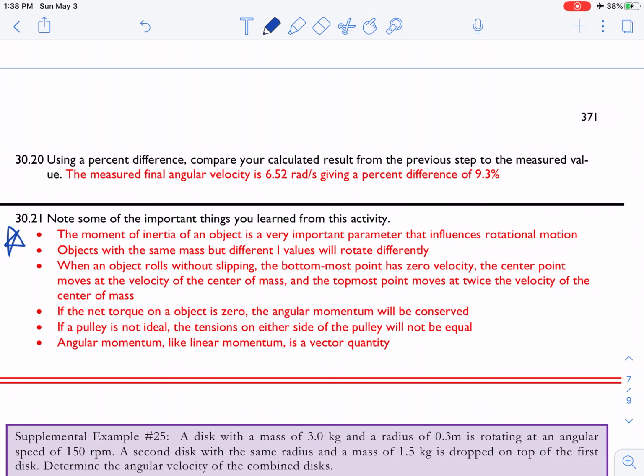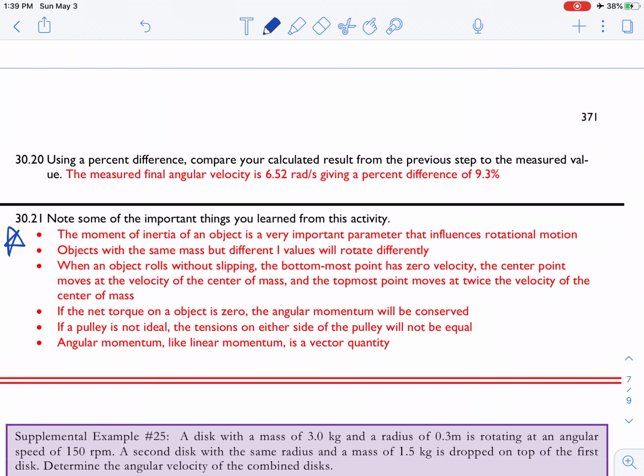And if the net torque on an object is zero, the angular momentum will be conserved, just like net force zero means the linear momentum is conserved. And if a pulley is not ideal, the tensions on either side of the pulley will not be equal. So that was really important, and hopefully you also saw that in one of the homework problems.